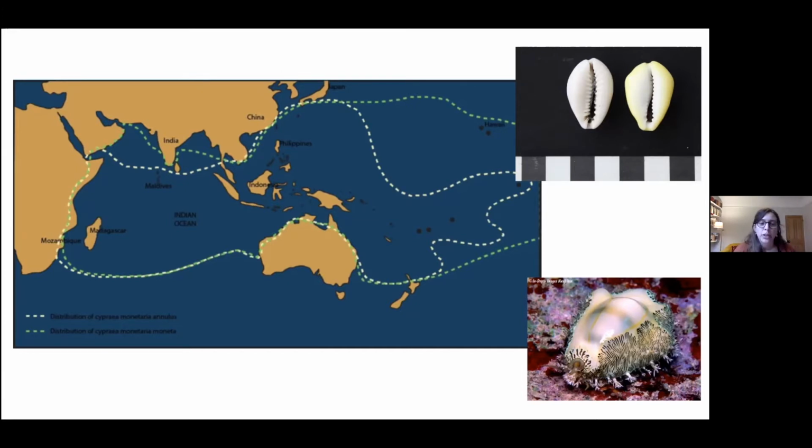In contrast, we know very little about the other species of cowrie, particularly within African archaeological and historical contexts. This is the species that's dominant in East Africa, so it would have been locally available for people to collect and to utilize.